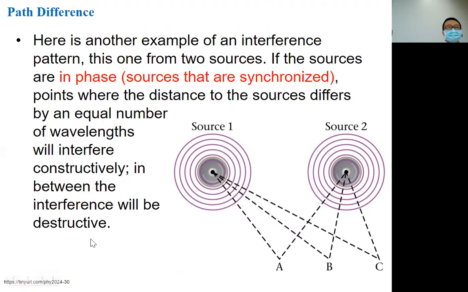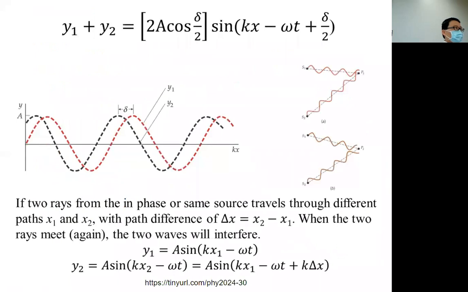Two identical waves coming out of two identical sources, meeting at different locations, will interfere with each other. Depending on their path difference, they might add up, cancel out, or partially cancel out. You can prove it mathematically; the resultant will again be y1 plus y2.